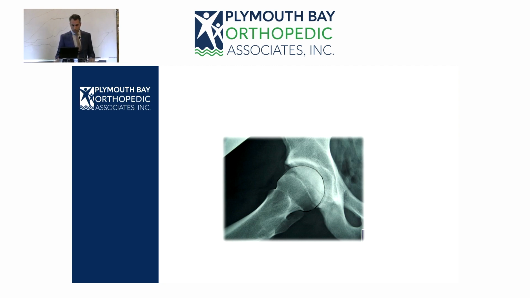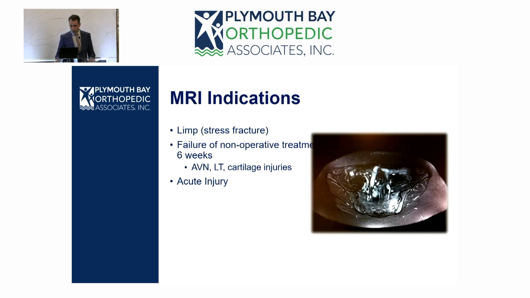So we make that perfect circle around the head, and then we can see whatever sticks out on that side. That's the CAM bump that would typically need to be addressed intraoperatively. When you get an MRI, typically anybody with a limp, especially a female with a limp that's active, an athlete, is indicated for an MRI, because FAI does not cause antalgia.